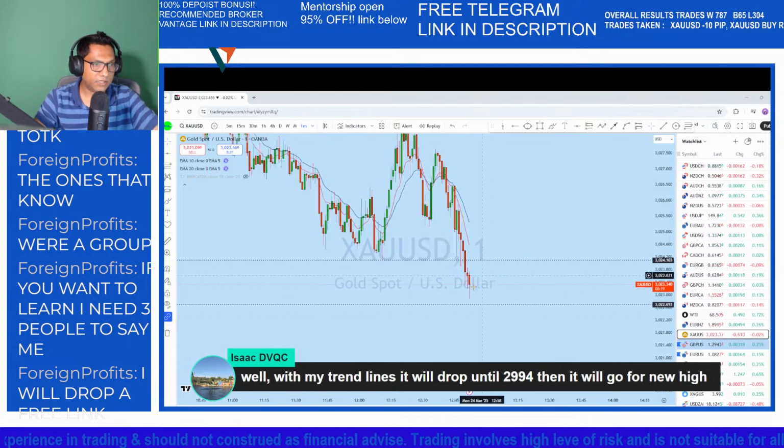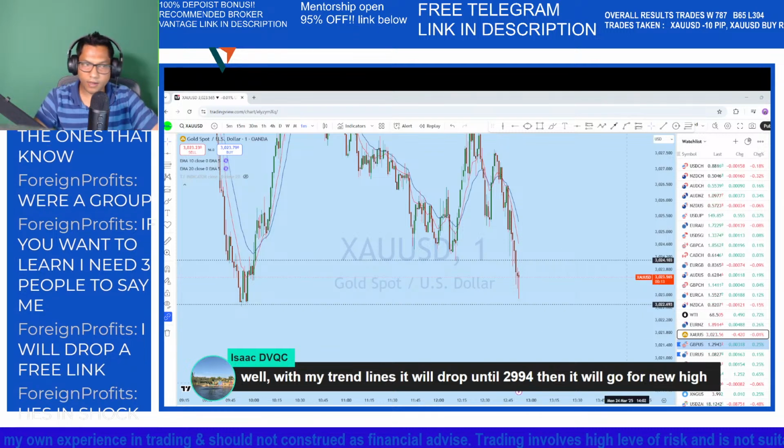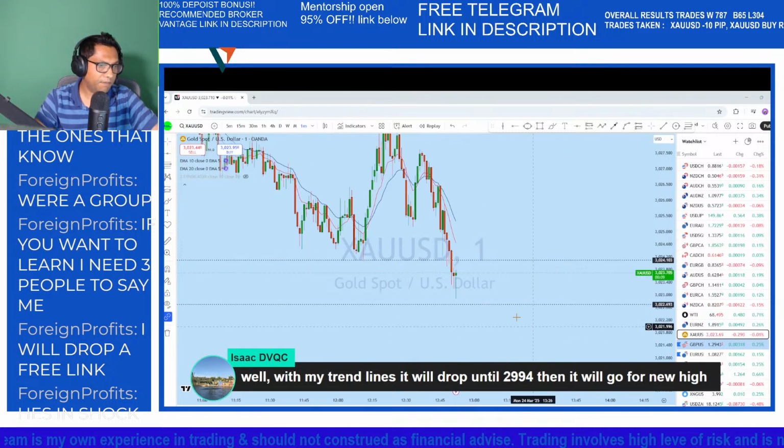And you can see that it's where the market is. Now you can see a couple of long wick candles, but it's still in a bearish move.